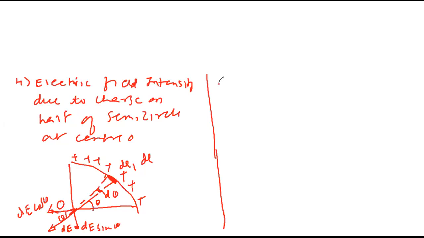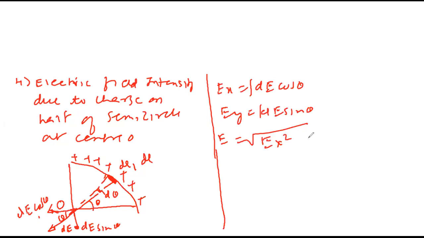So x component will be integration of dE cos theta and y component will be integration of dE sin theta. Now I don't have mirror element on the left hand side to cancel this dE cos. So my resultant will be E, which is Pythagoras theorem of Ex square plus Ey square. X and Y are perpendicular, so the result is Pythagoras theorem.